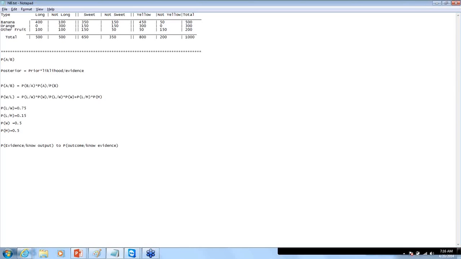How does naive Bayes work? Naive Bayes will work on multiple evidence. We would be having a data set in which we have multiple evidence. For that case, the formula will change like this. We wanted to know the probability of an outcome given multiple evidence.